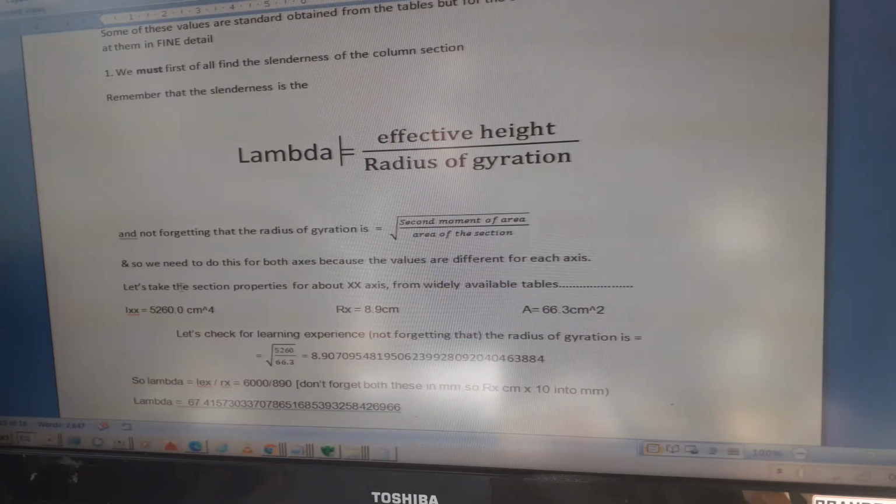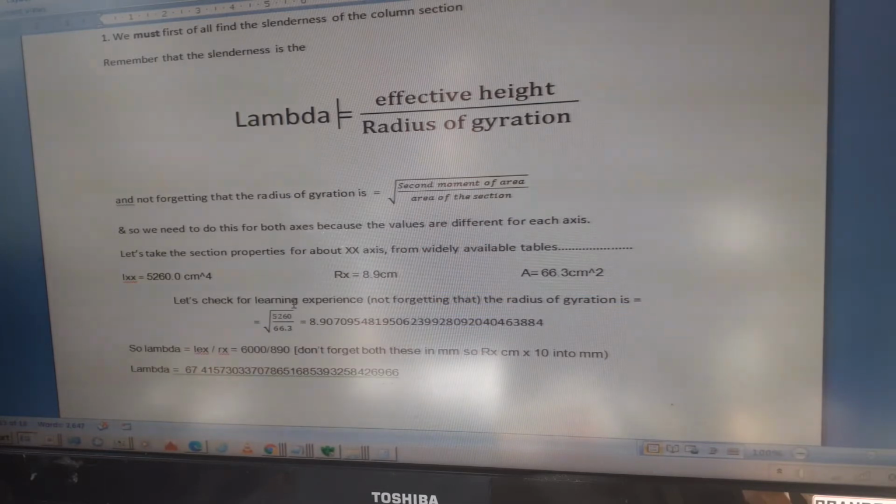So let's take the section properties about the x-axis, widely available from tables. They're in the Steel Designer's Manual or online, the online blue book from SCI, Tata Steel, which used to be Corus.